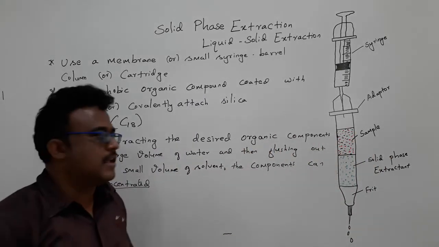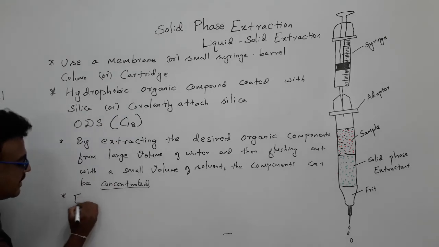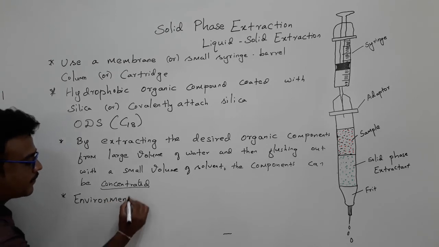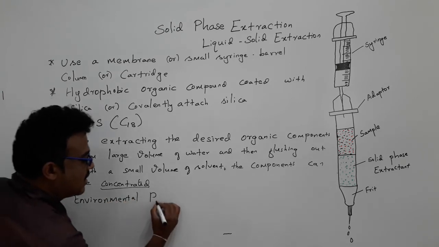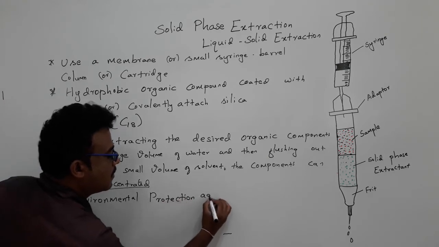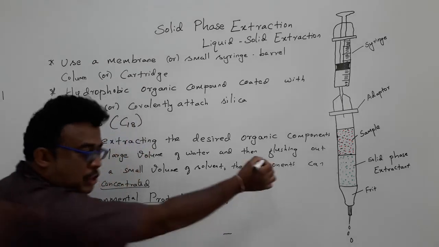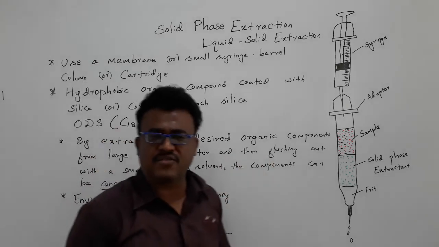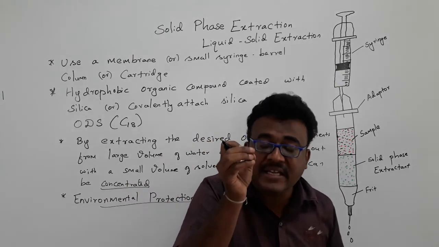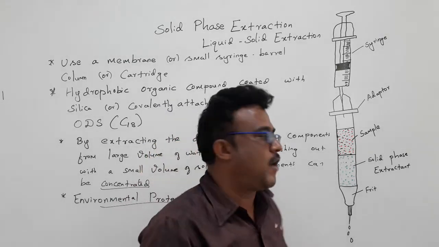So actually I have to give an example. In the Environmental Protection Agency, normally they use this solid phase extraction technique for analyzing trace amounts of organic components present in drinking water.